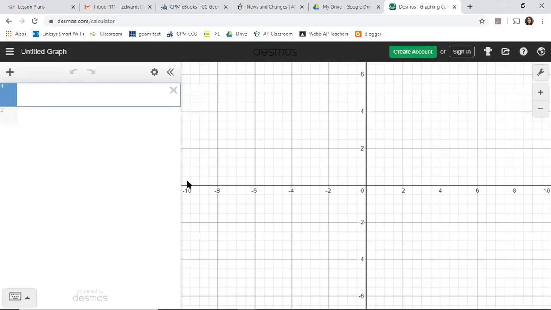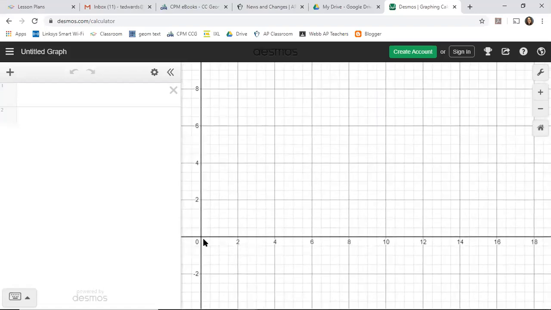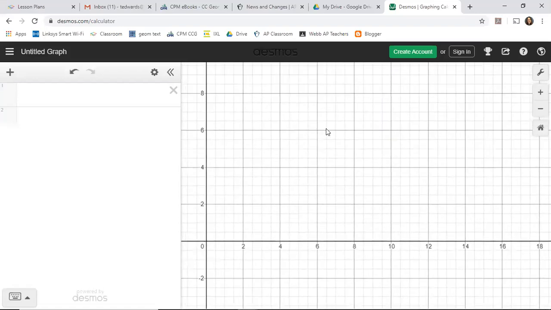And it actually does graphing for you. So let me do a share now with our graphing calculator. And you can drag this around, you can put in an equation and it will graph it for you.